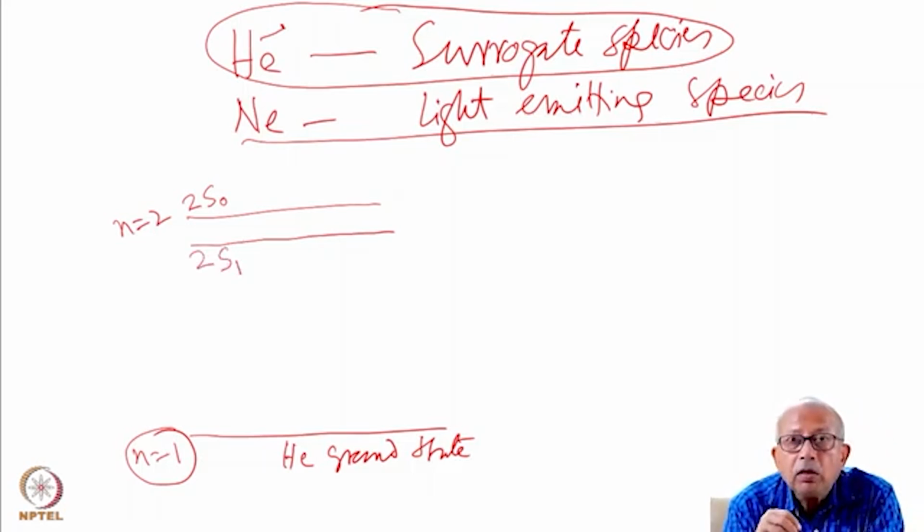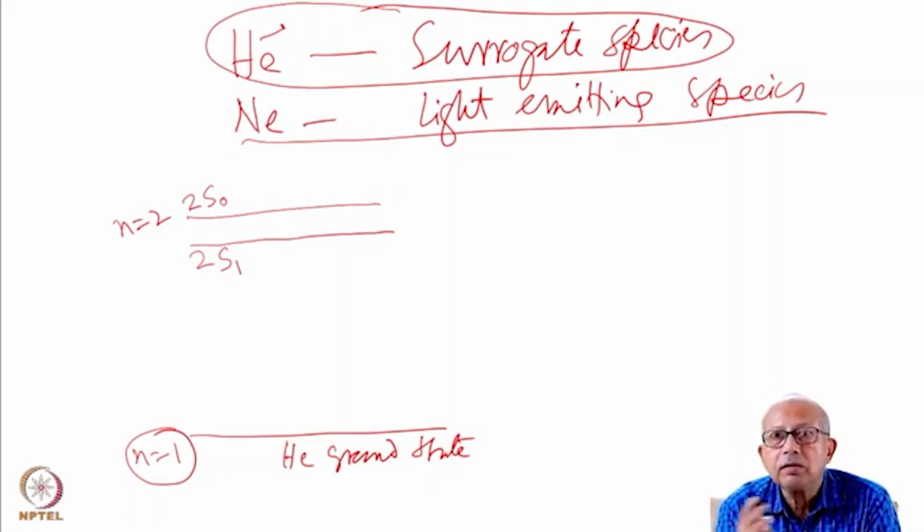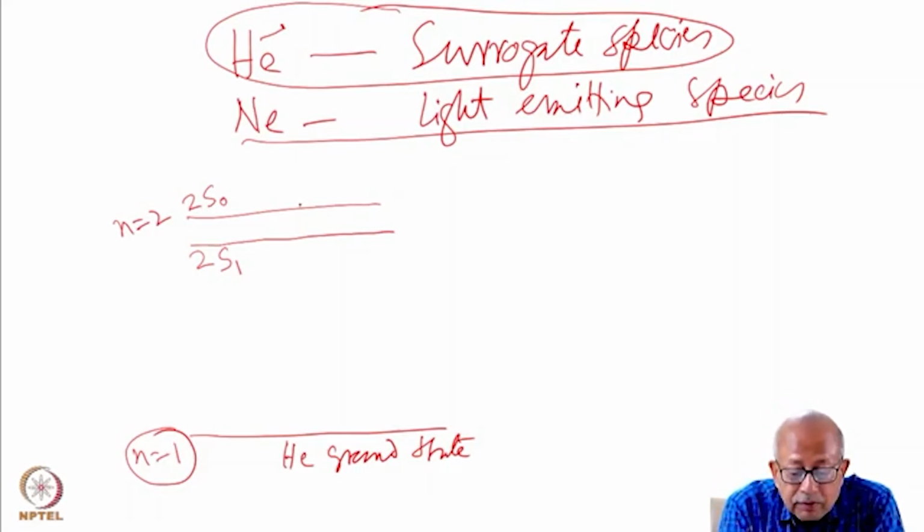And this splitting occurs because, as we have seen yesterday, the electron, as it rotates, has an orbital angular momentum, and because it also spins about itself, it also has a spin angular momentum. Because of that, this level is split into two sublevels.